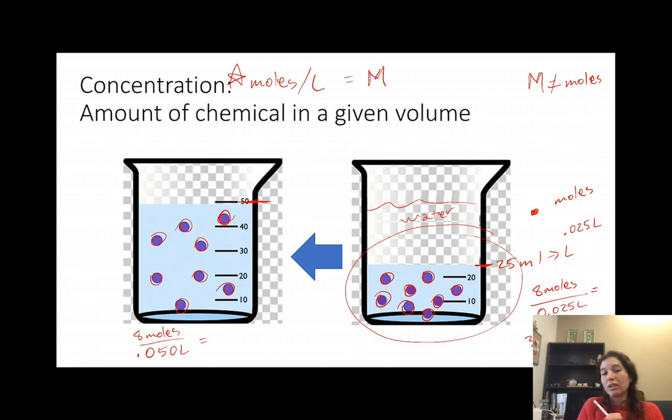So as our volume has doubled, we're going to have a reduced concentration here. So we'd end up with 160. Now again, this is a completely unreasonable concentration. But you can see here that these numbers are dependent on both the volume and the amount of moles inside of the solvent in the solution.